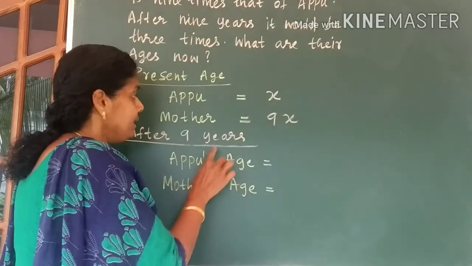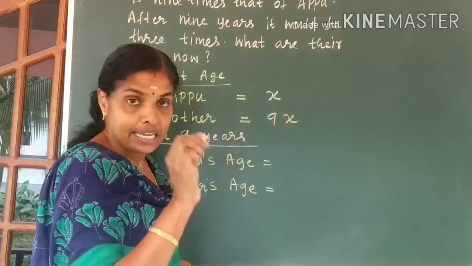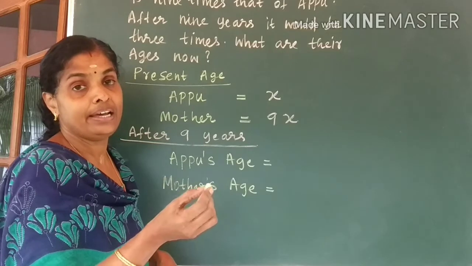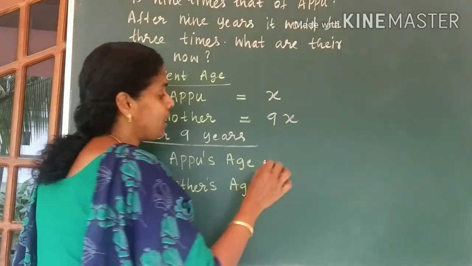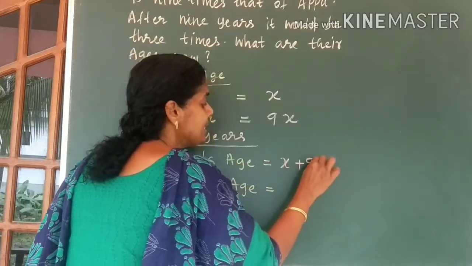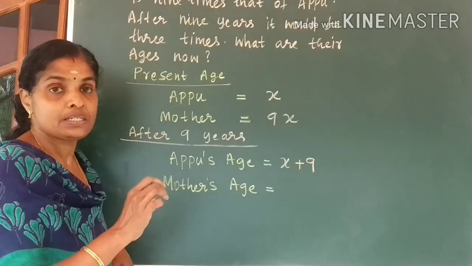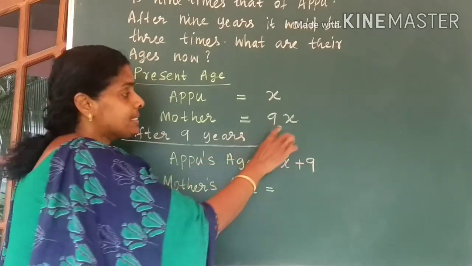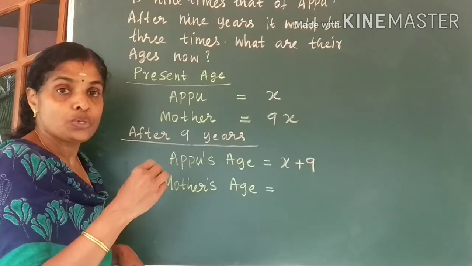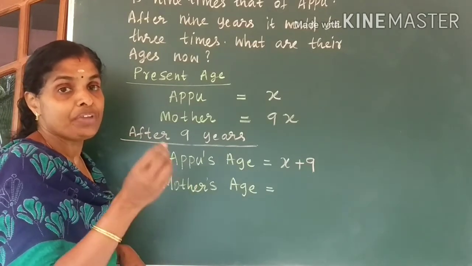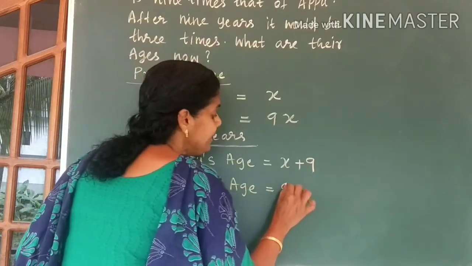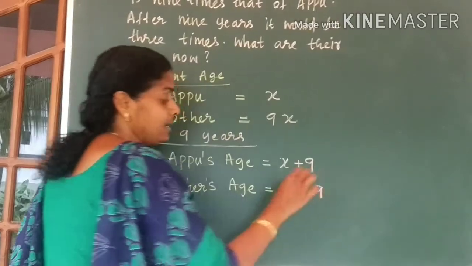Okay. Now since Appu's age is x, after 9 years, Appu's age would be equal to x plus 9. Now what is mother's age? Present age is 9x. So after 9 years, her age would be 9x plus 9.